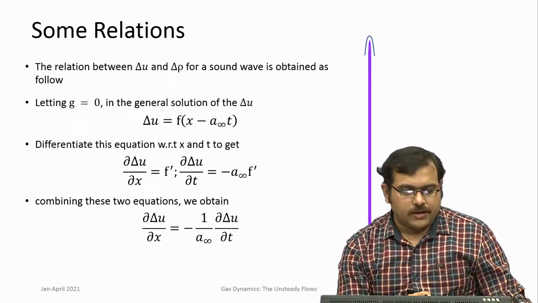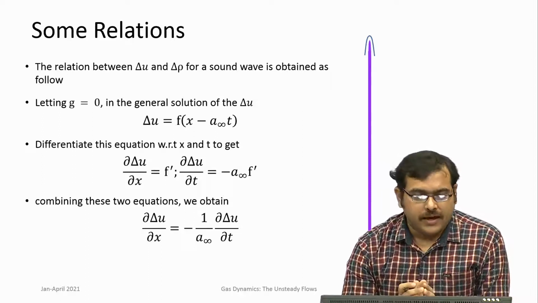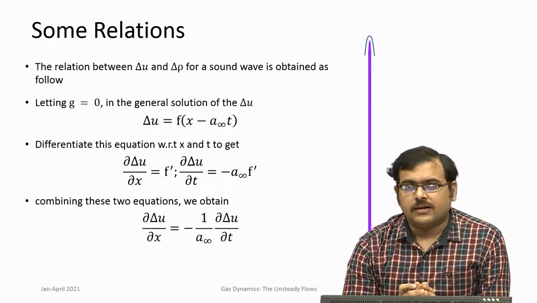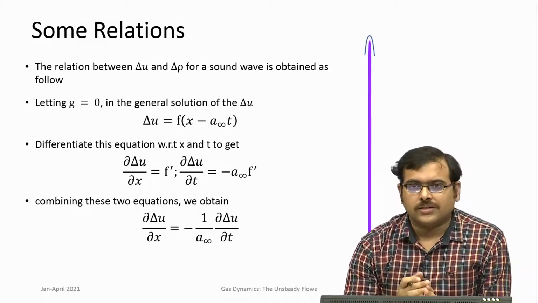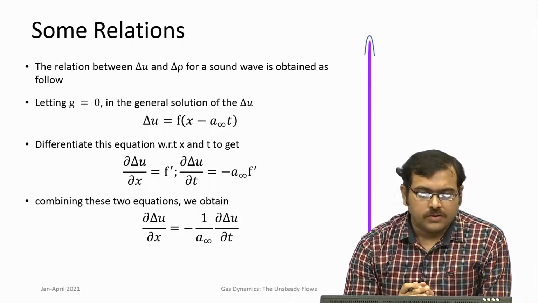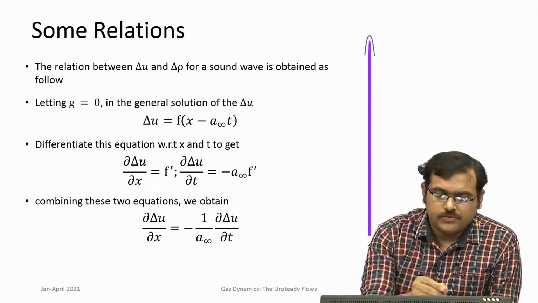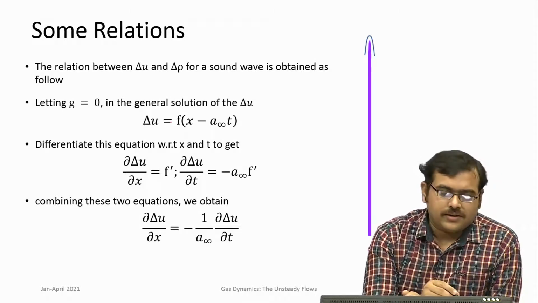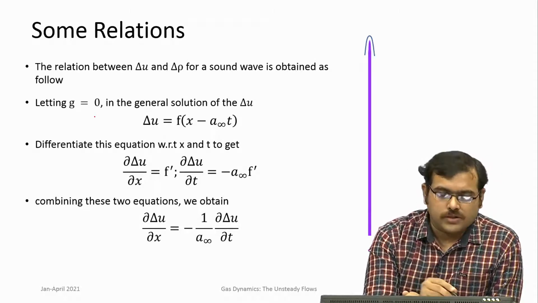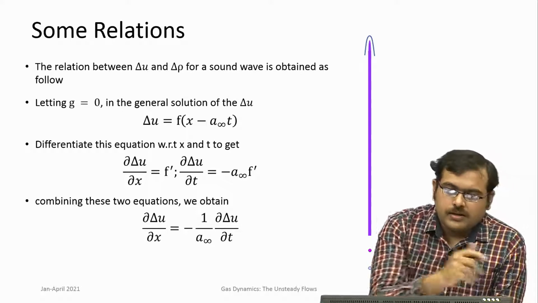Now let us see how the various quantities, that is density and velocity, are related to each other, as well as changes in pressure. Consider a general case where we let the small function g be equal to 0.